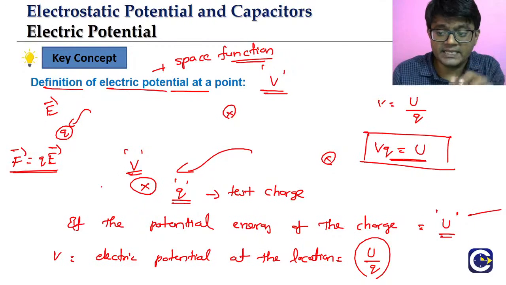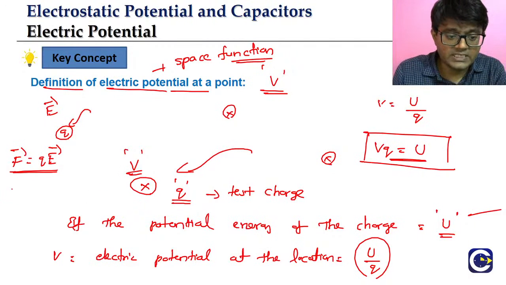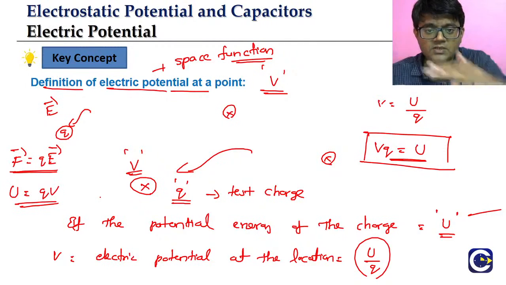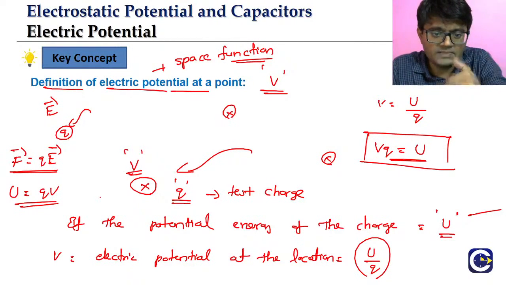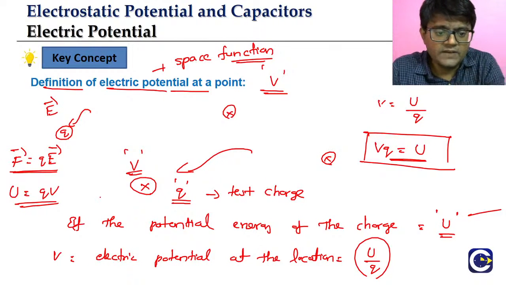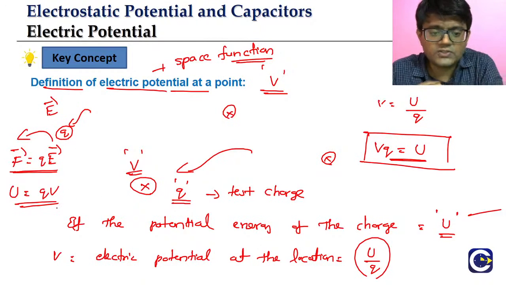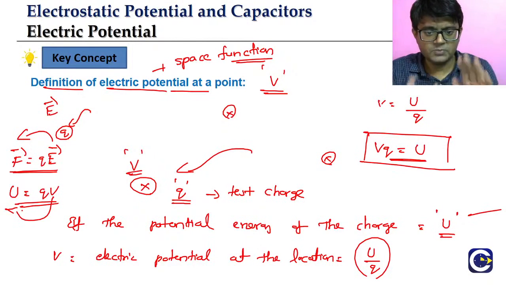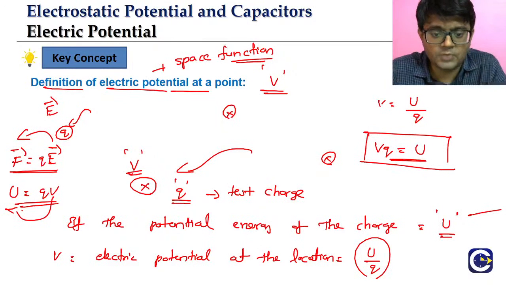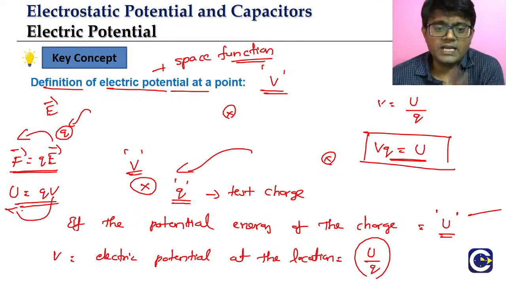Same அந்த மாதிரி இங்க என்னது, the potential energy of the charge will be equal to Q times V. So electric field ஓட analogous என்னது? Potential. Field is giving rise to force. Potential is giving rise to what? Potential energy. The potential function in the space is giving rise to what? Potential energy. Okay va?